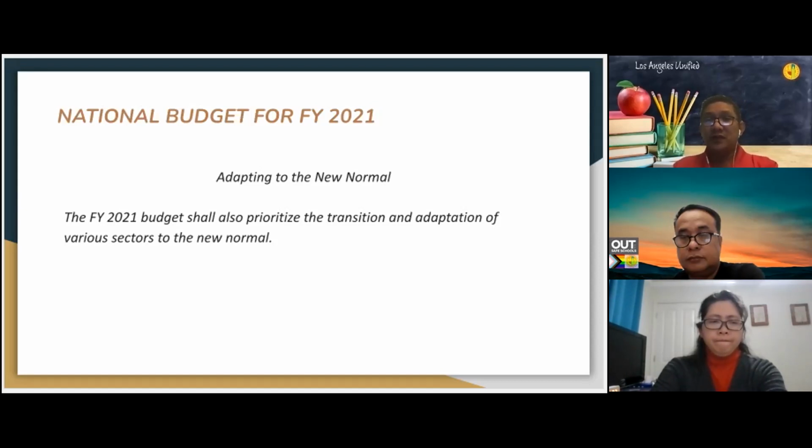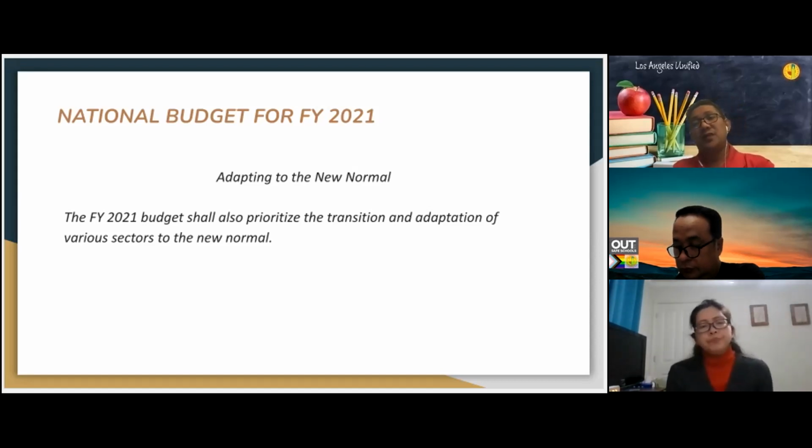So the priorities of the administration have been reshaped to adopt flexible and blended learning options, to include the development, reproduction, and delivery of learning resources, and the expansion of the DepEd computerization program, which aims to procure multimedia packages for public schools nationwide.